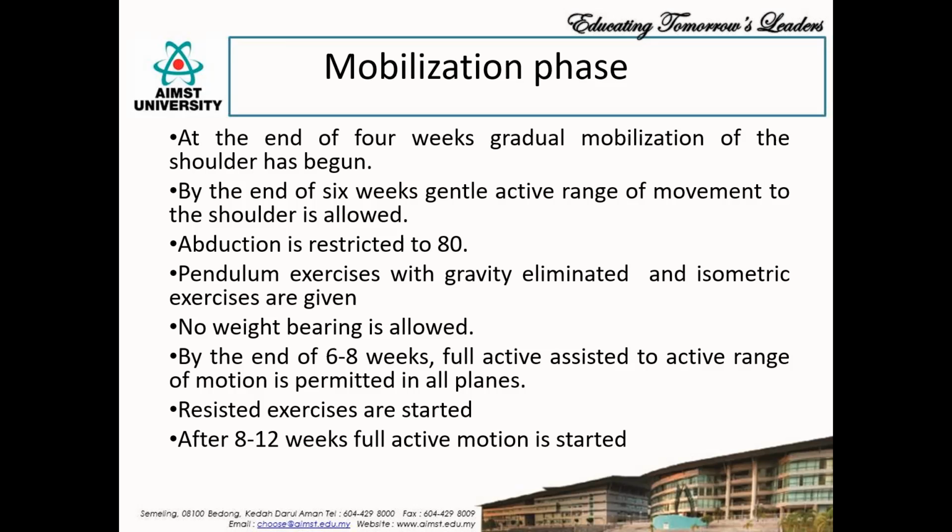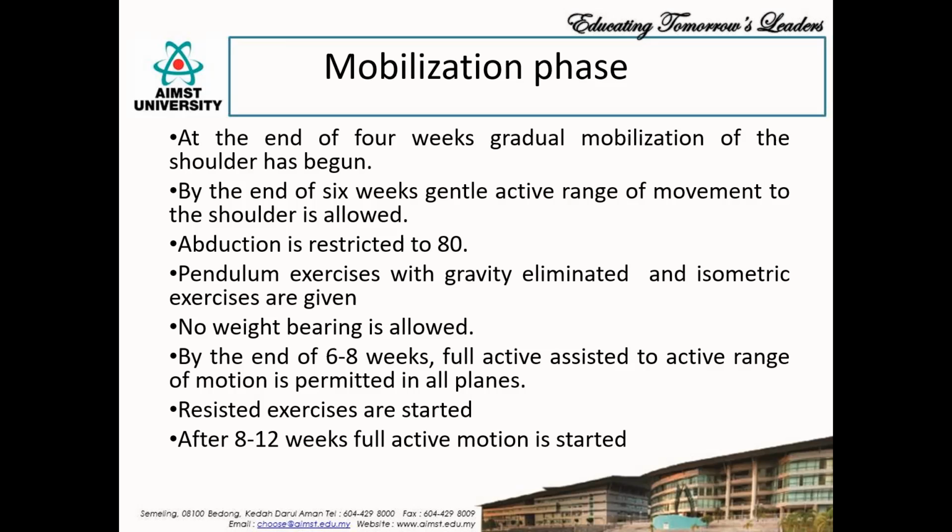Don't ever go for passive. If it is required, in some very rare cases, you can start the passive one. Passive means passive stretching, passive mobilizations, I'm talking about that. You can continue this for 4 to 5 weeks, so gradually you improve the active ranges.